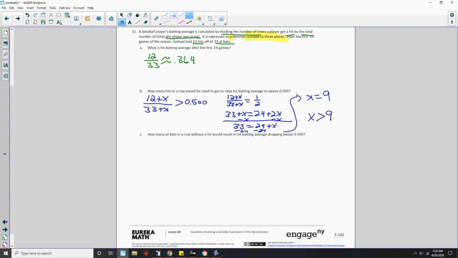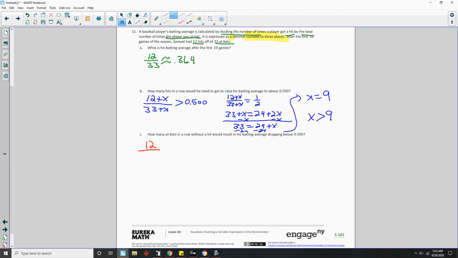Okay, part C. How many at-bats in a row without a hit would result in a batting average dropping below 300? Now it's the same, except we're going to be less than 300. This one we have to think a little differently. We've had 33 at-bats and 12 hits.